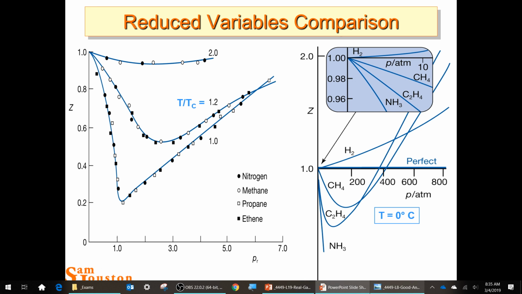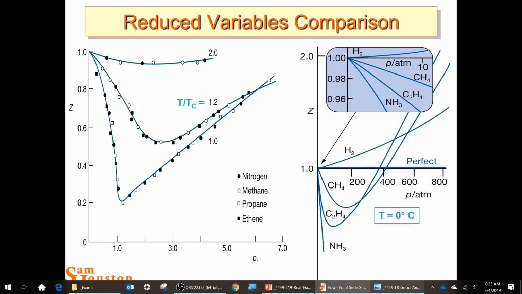So they're 20% higher than their critical temperatures. So they're gases at 20% higher than their critical temperatures. That means nitrogen is 20% higher than nitrogen's critical temperature, and methane is 20% higher than methane's critical temperature. Every gas has been scaled by its own critical constants, and now they fall on the same line.